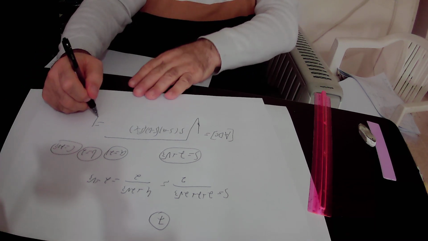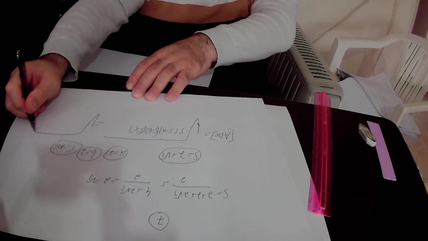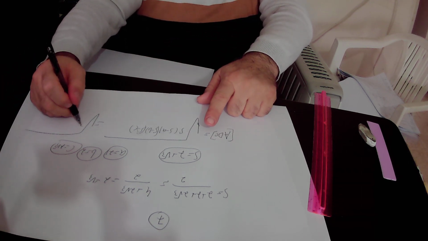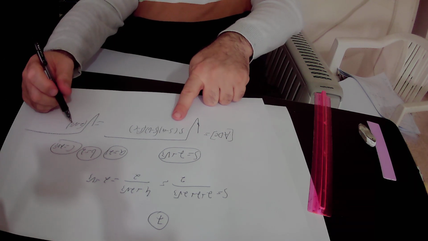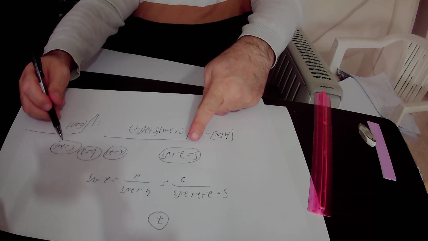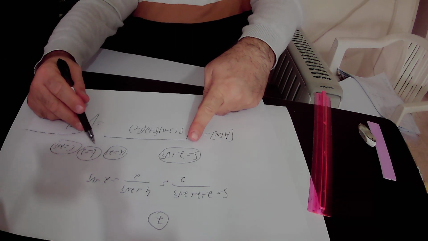So we get that the area of triangle ADC equals, S is 2 plus square root of 3 units. S minus A is 2 plus square root of 3 minus 2, which is square root of 3.